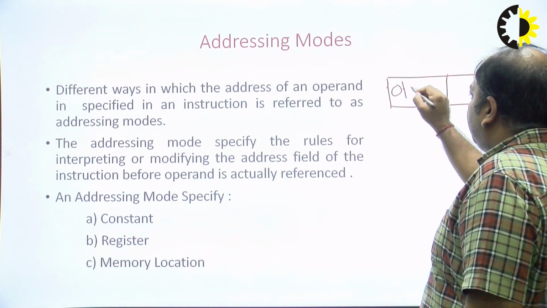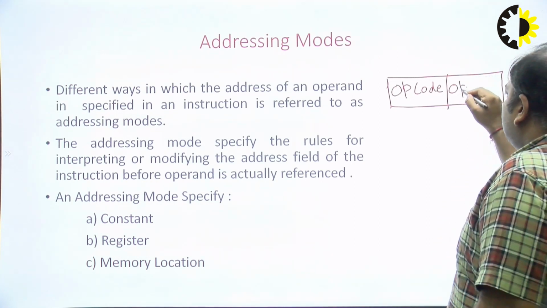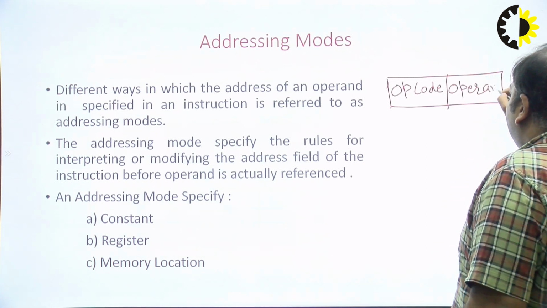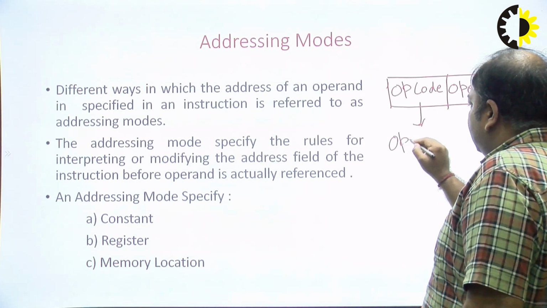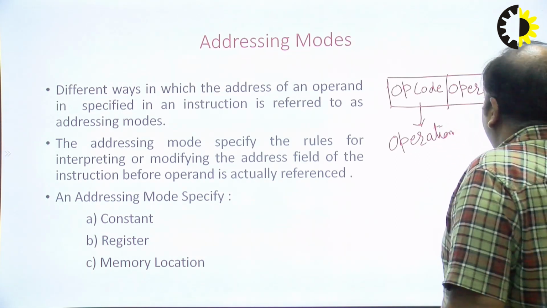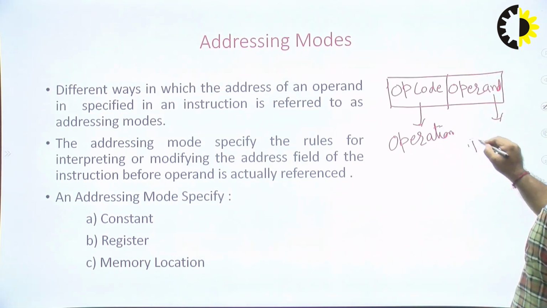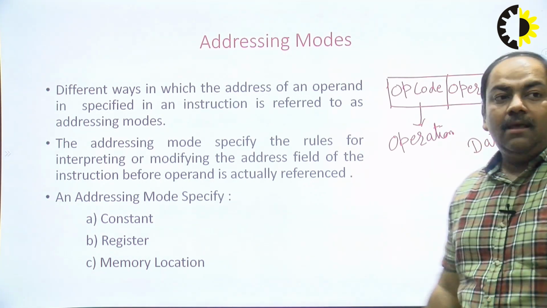One is opcode, another one is operand. Opcode consists of the operation, and operand consists of data on which this operation is going to execute.